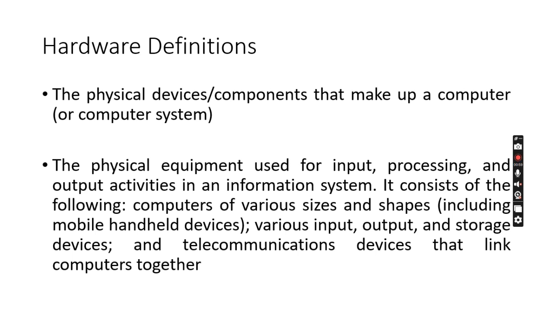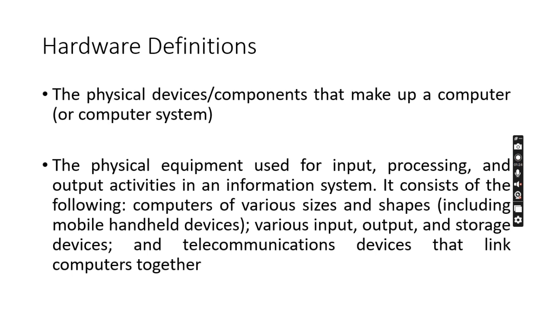What do we mean by the physical devices or the physical components? We mean when you have a computer or a computer system, if you can touch it, if you can feel it, you look at it, you can touch it, it is hardware. If it is something you can carry, you can pack, if it is a physical device, it is computer hardware.